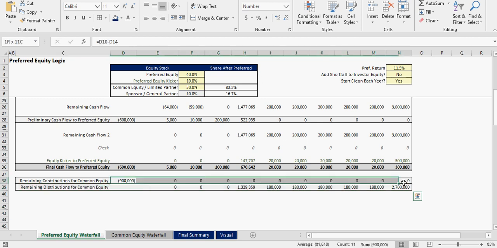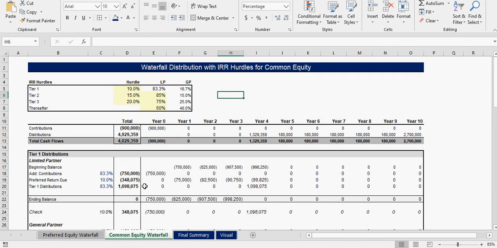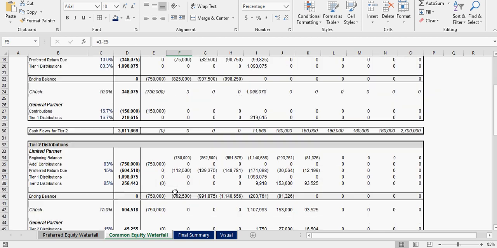And you can split these however you want. I just threw it into an equity waterfall with IRR hurdles. Again, if you don't want hurdles here, you can just define how much you want to split this by between the investors and sponsor groups, common equity groups, or you can just do it pari passu or whatever.